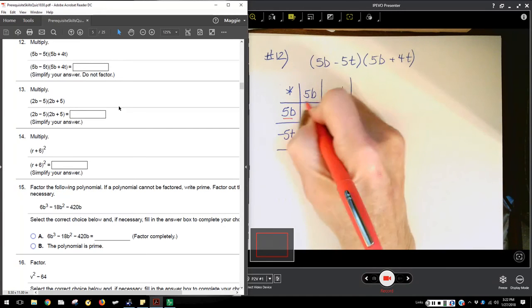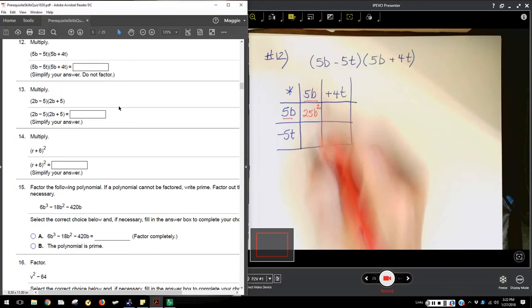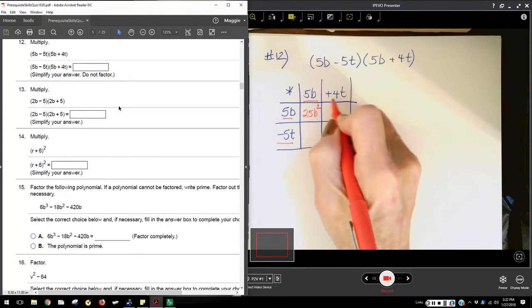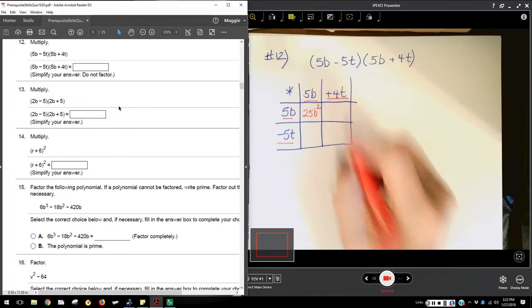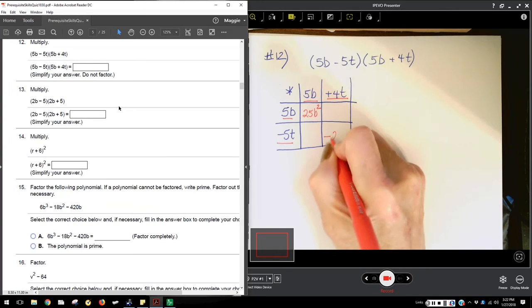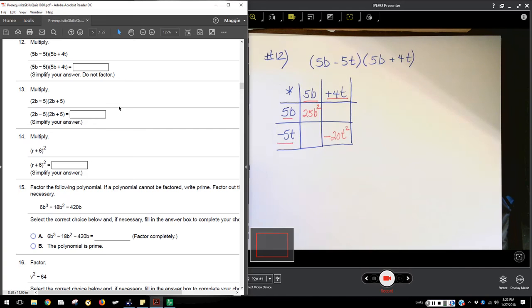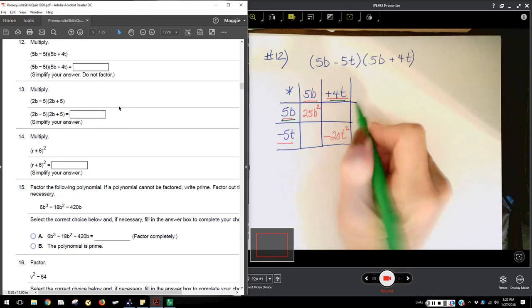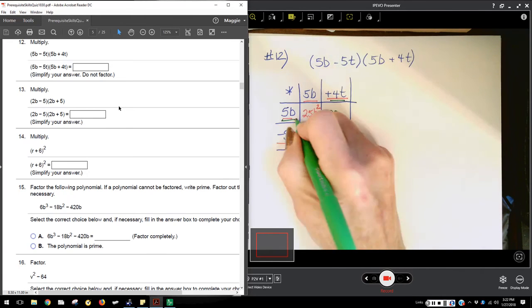5b times 5b is 25b squared. Negative 5t times positive 4t is negative 20t squared. 5b times 4t, 5 times positive 4 is plus 20, and b times t is bt.